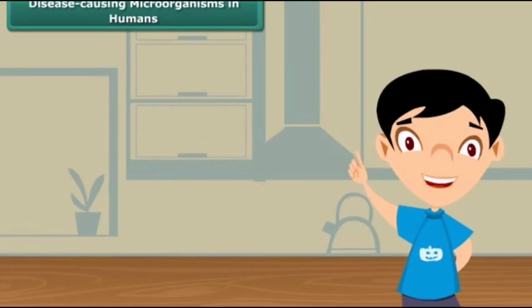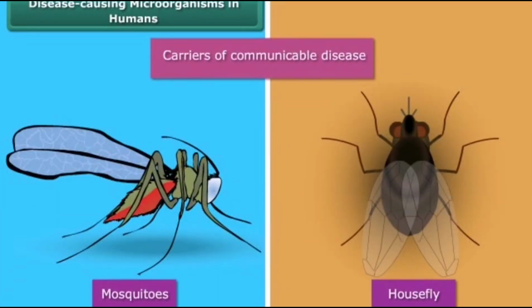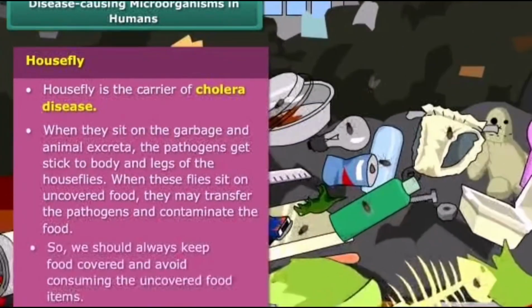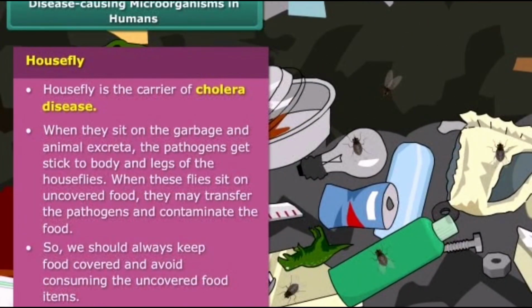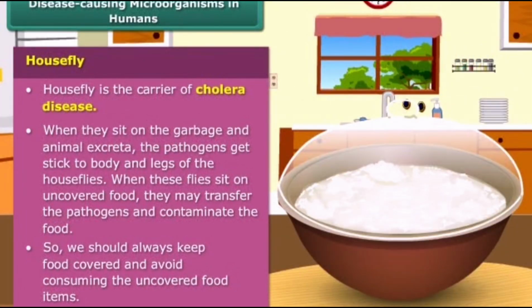Friends, some insects and animals that are found in our surroundings act as carriers of pathogens. Housefly and mosquitoes are the common examples of such carriers. In cholera disease, housefly is the carrier of many pathogens. To prevent cholera, we should always keep food covered and avoid consuming uncovered food items.